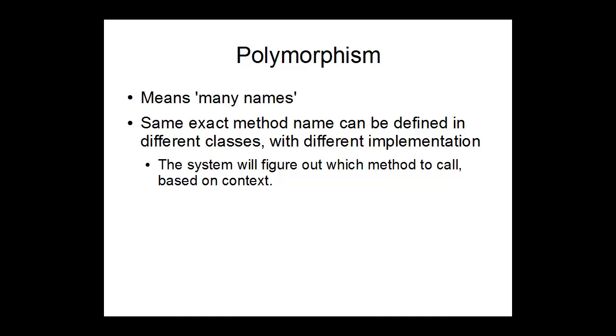The system will automatically figure out which method to call based on the context, and you could also have the same attribute names. So two different, unrelated classes could have the same attribute name, and they're completely separate in the system.